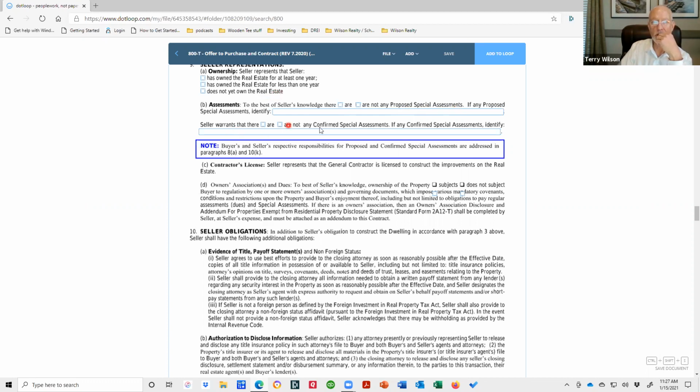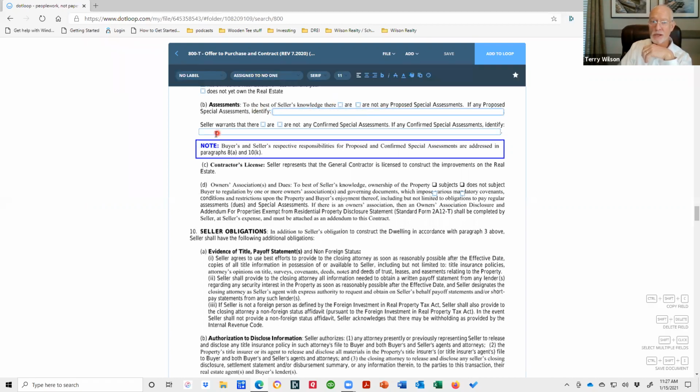Seller warrants that there are no confirmed. Now, I want to point this out. This statement says, to the best of the seller's knowledge, there are no proposed. To the best of the seller's knowledge, there's no proposed. But this one says the seller warrants that there are no confirmed. There's a difference.